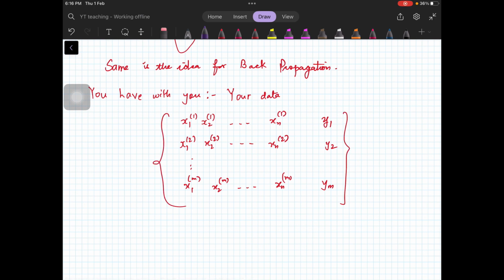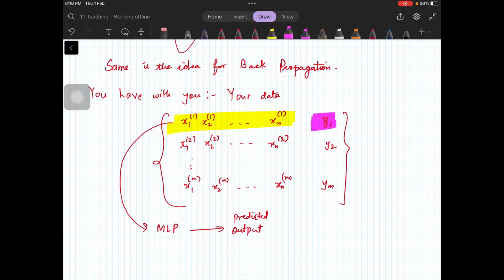What we are going to do is feed this first input into your MLP and get the predicted output from your MLP, but you already have the expected output. So you have your predicted output minus y1, which is your error. Then you will look at it and say, this was the mistake I made, and looking at this error, you will adjust your weights.